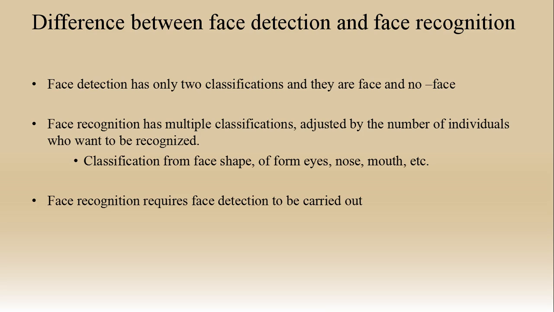Face recognition has multiple classifications, and that is because humans, although having a similar face structure, do not have completely identical faces, because they have a huge permutation and combination of face shapes depending on the size and shape of the eyes, nose, mouth, their positioning, shape, etc. Face recognition requires face detection to be carried out, which is that face recognition cannot be carried out unless and until face detection has been implemented on the image.